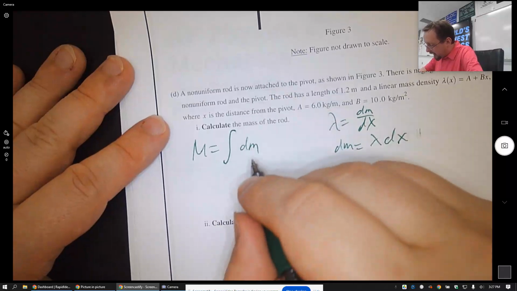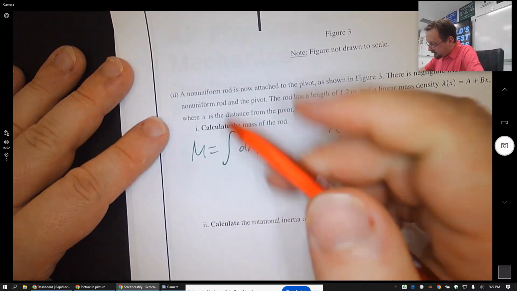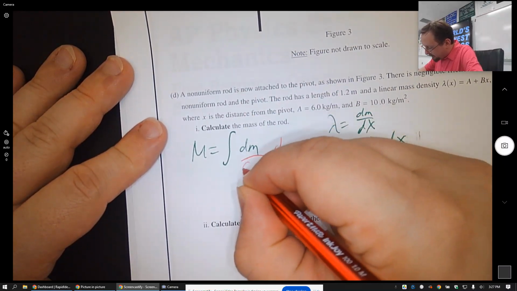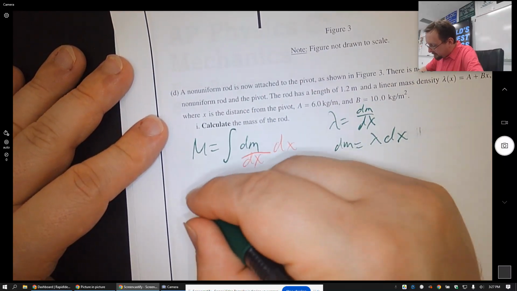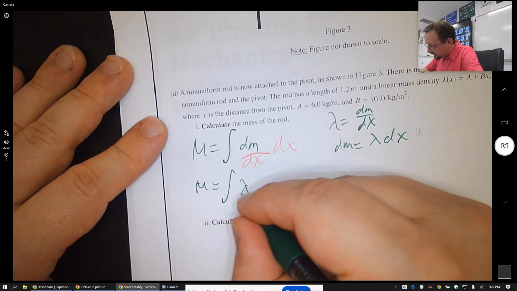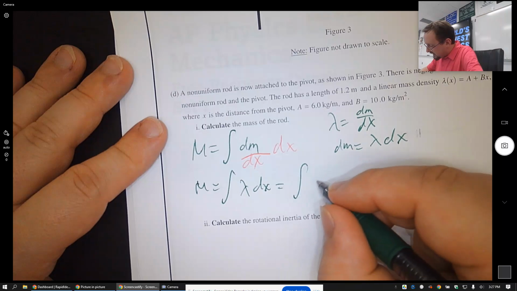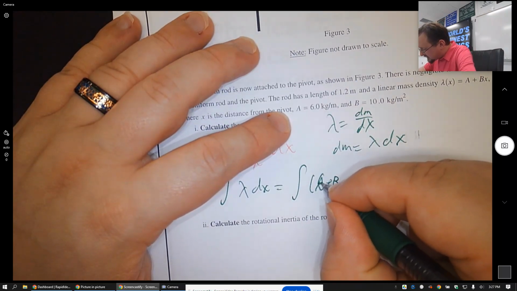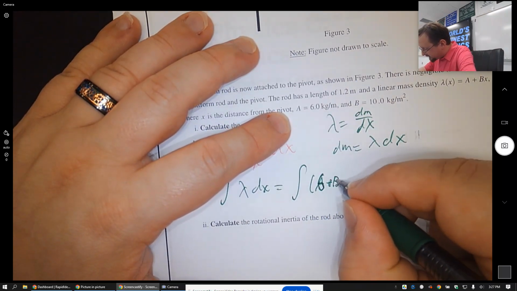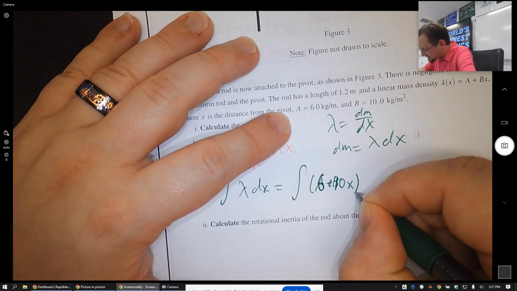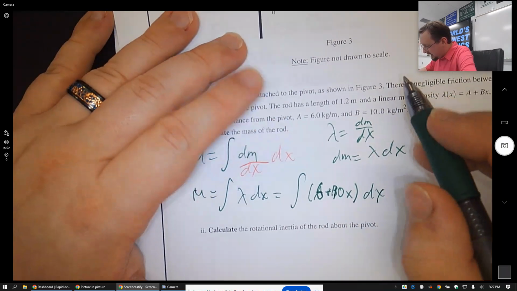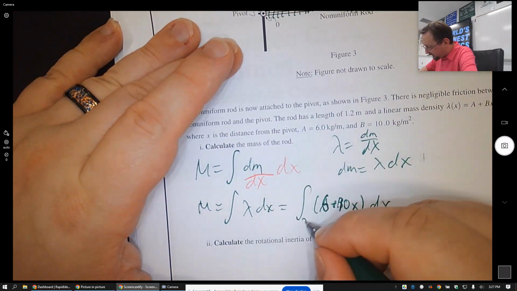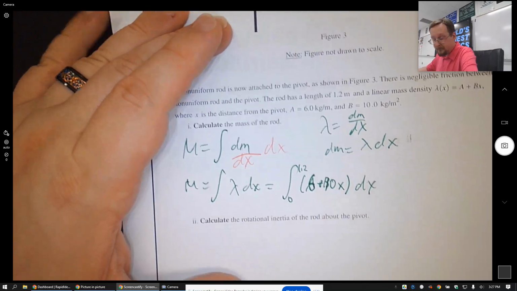So I'm going to multiply and divide by dx, making m equal the integral of lambda dx, which is the integral of a plus bx. You gave me numbers: 6 plus 10x dx. And for the total mass of the rod, we go from 0 to 1.2.